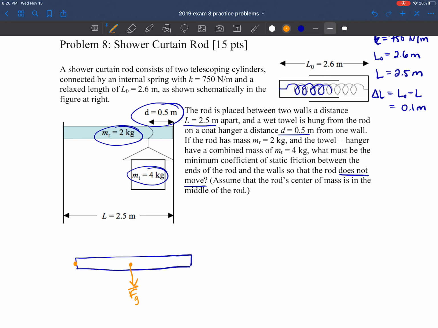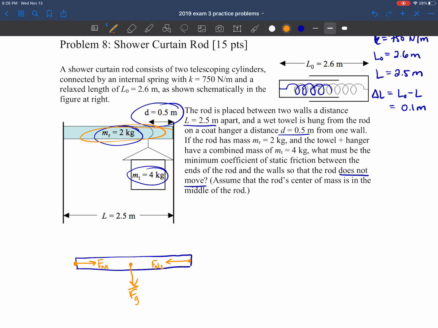There's going to be a normal force acting on each end. So this is F normal 1, and this is going to be F normal 2. And they both point in because they have to be perpendicular to the surface, and they're acting on the rod, not the wall.